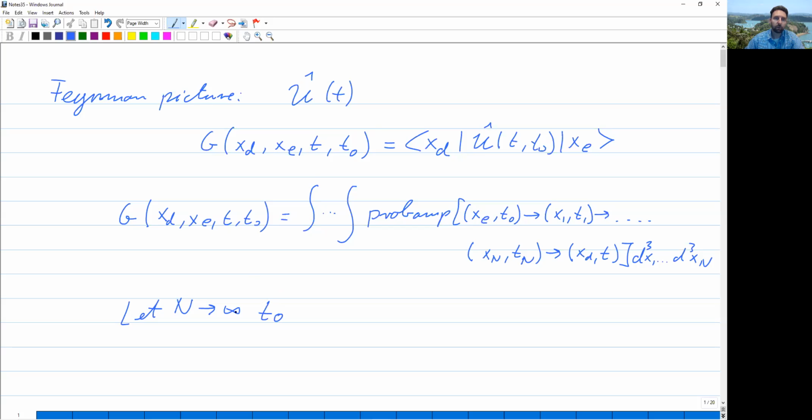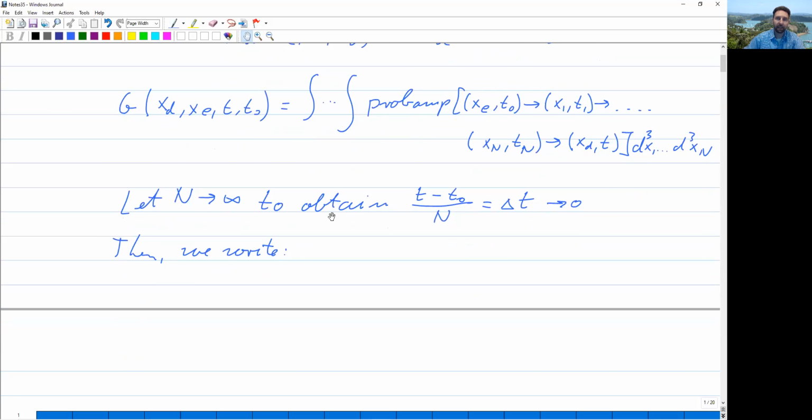So we let n go to infinity, so that the time interval t minus t0 gets subdivided into n portions, which we call delta t, and that goes to 0. And then we write the proper path integral, which is what we get in that limit.